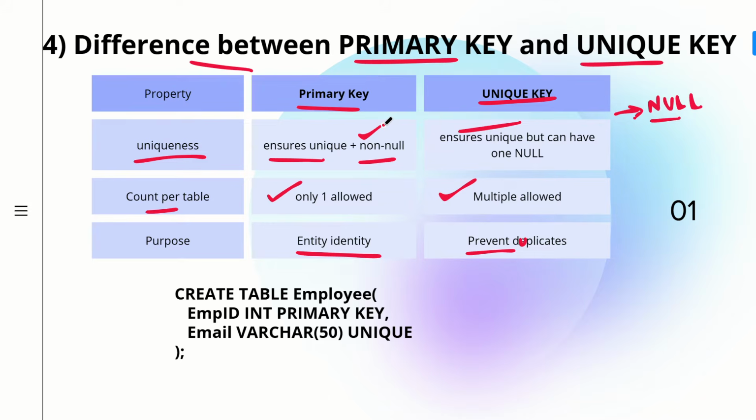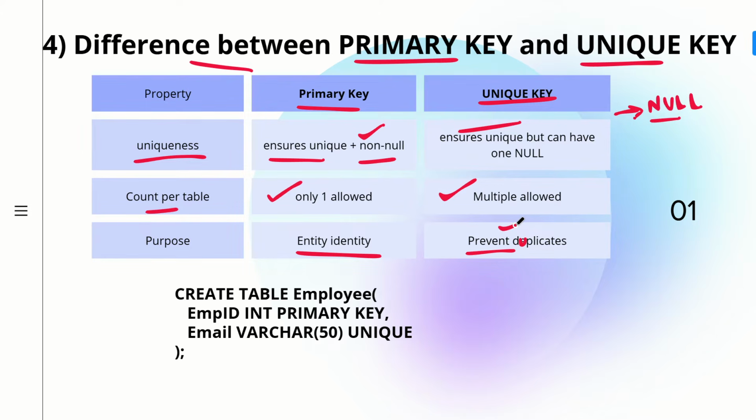So employee id is one example for a primary key. There cannot be any null values, and it is useful for identifying each row or each employee. Whereas with a unique key, you can have a null value, and it is helpful for preventing duplicates.